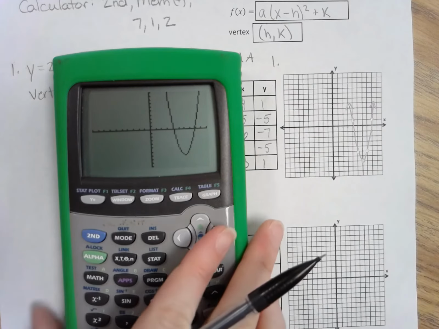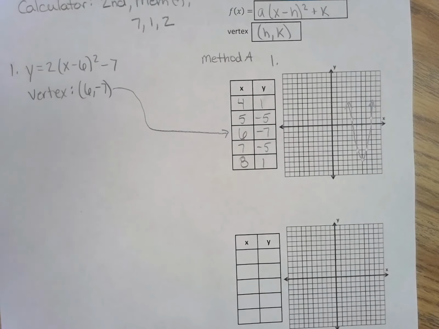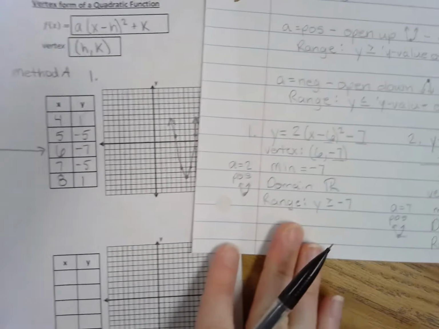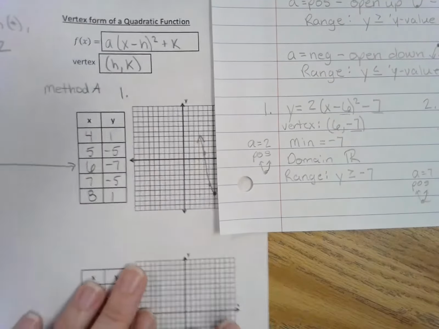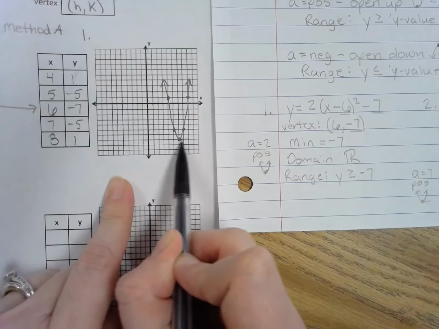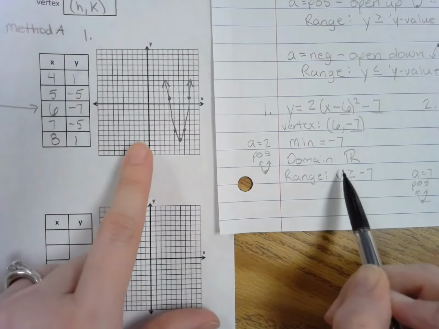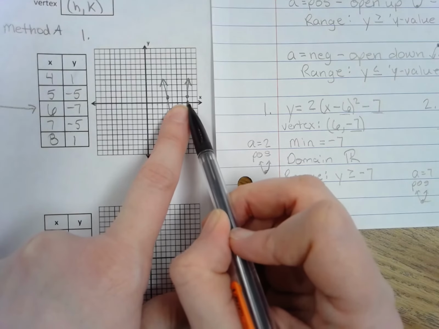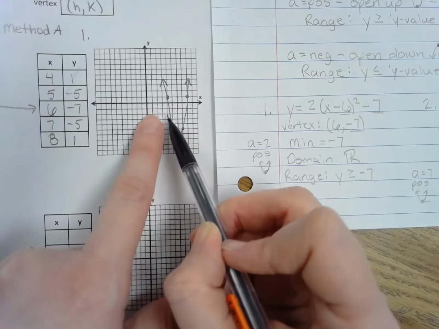We've already named the domain and range for this graph from our first example, but we can see that it matches up with the graph that we have now made. The minimum value, the lowest this graph goes, is here at negative 7. The domain is all real numbers. I know we haven't graphed them all, but we could continue on and on forever in both directions.